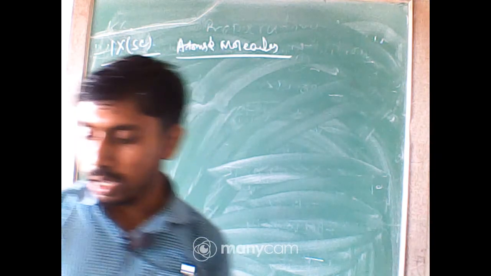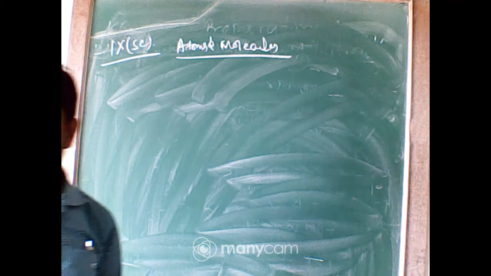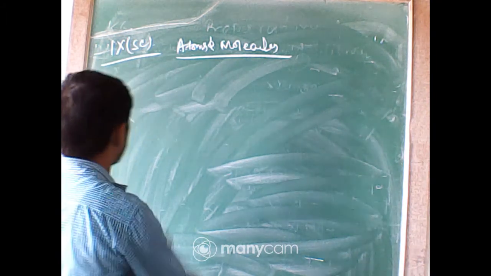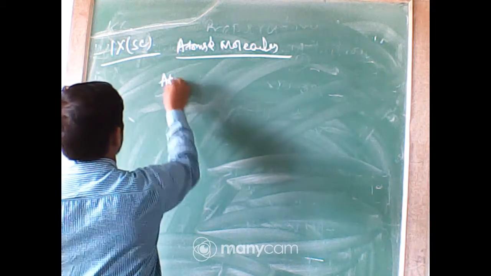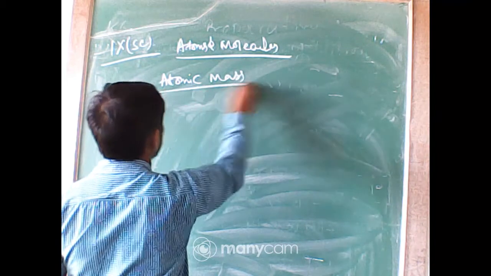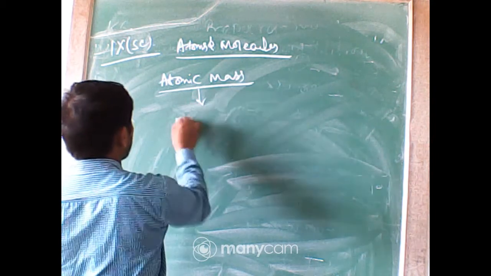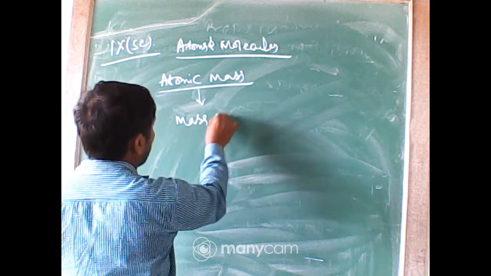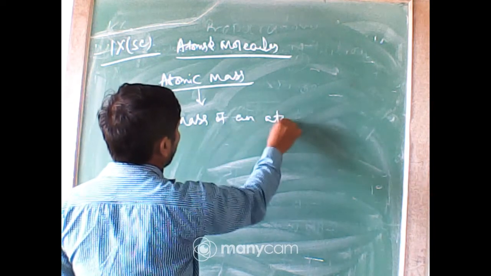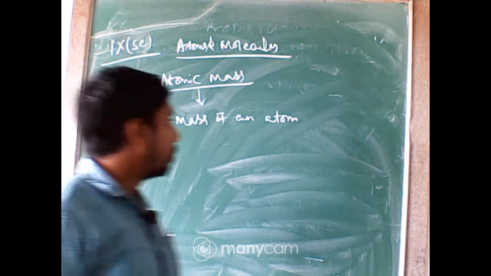Okay. Now today the important part is: what is atomic mass? Obviously from the combination of the words, it is the mass of an atom. This is the meaning of that term.